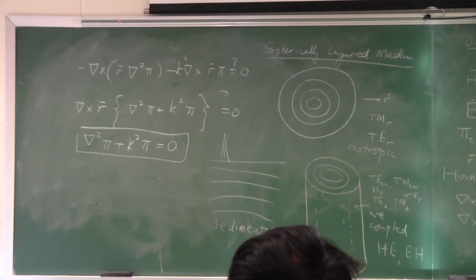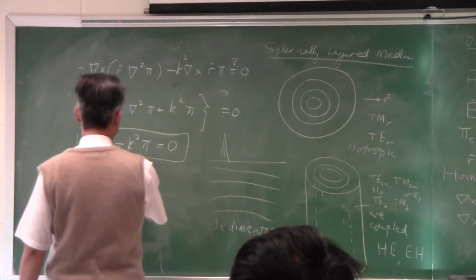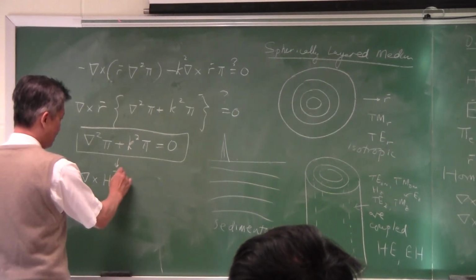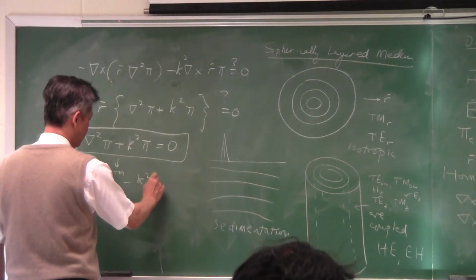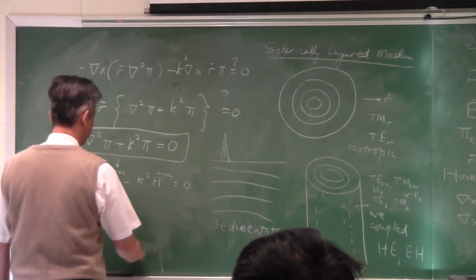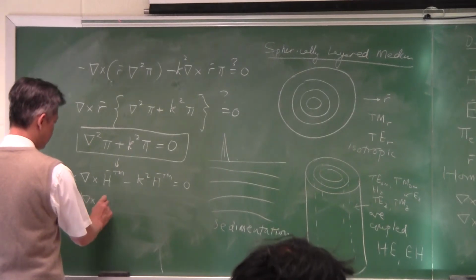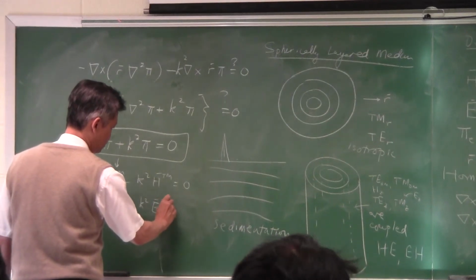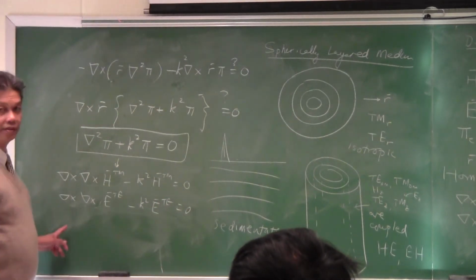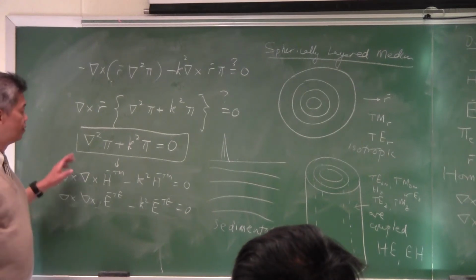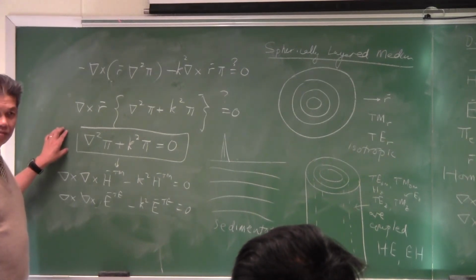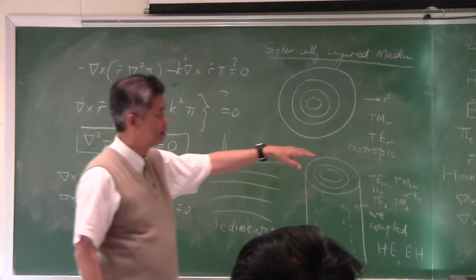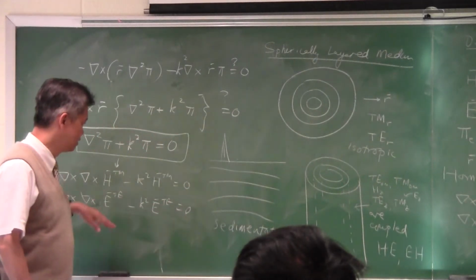So if I impose this condition, then curl of h Tm minus k squared h Tm must be equal to 0. Curl of ETE minus k squared ETE must be equal to 0. So I have to solve this equation, find all the possibilities, plug them in there, get the vector fields using these two identities. Those vector fields must satisfy these two equations.